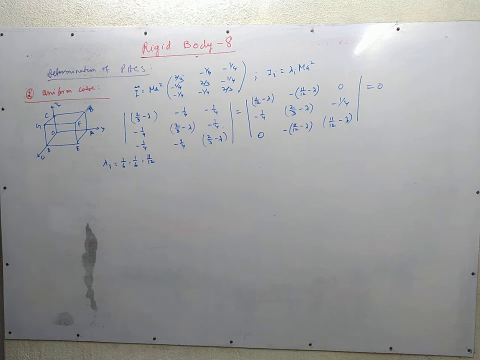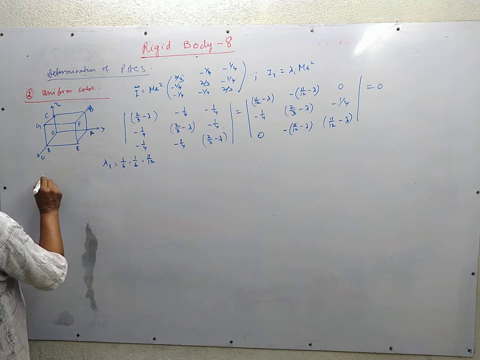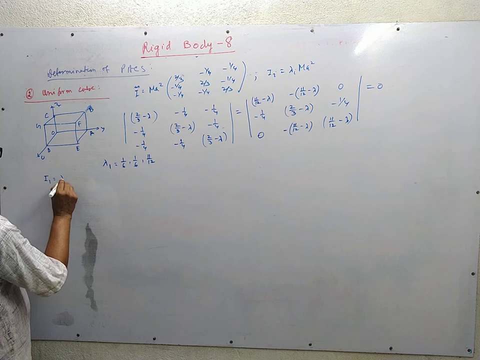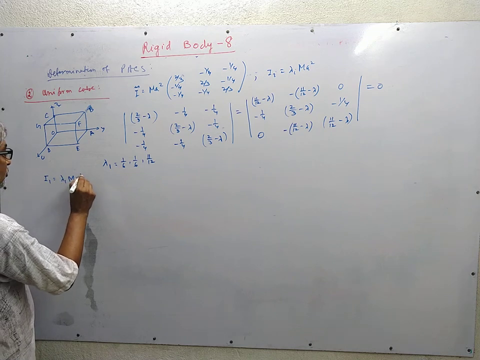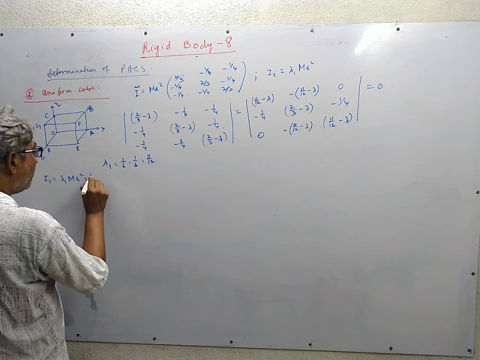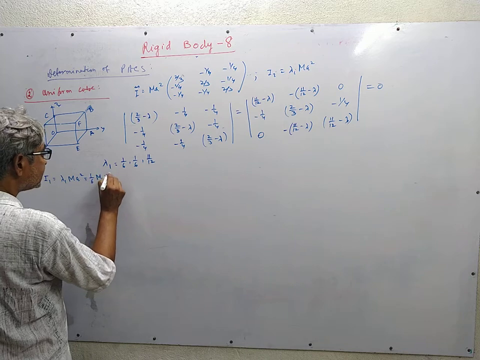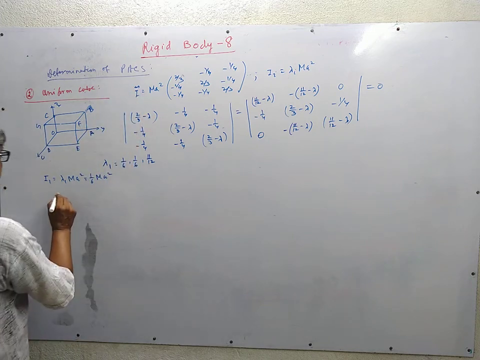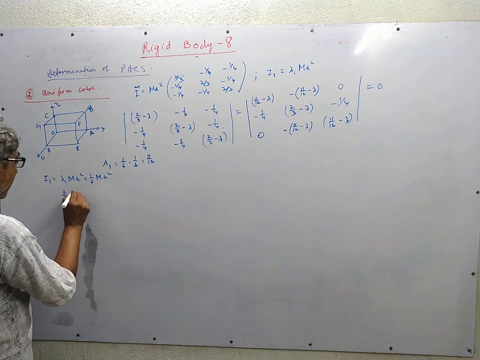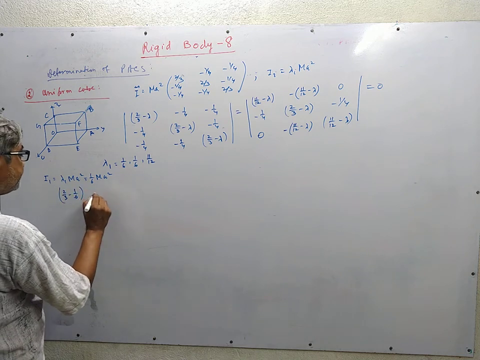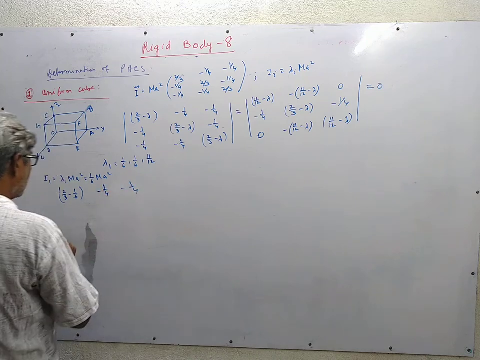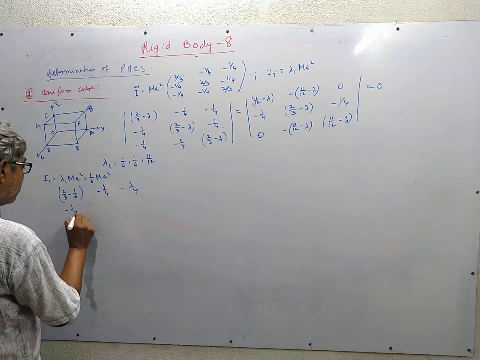Now if we put in the first one, I1 is equal to lambda 1 m a square, which is 1 by 6 m a square, and coming to the secular equation we get 2 by 3 minus 1/6, minus 1 by 4, minus 1 by 4, minus 1 by 4.